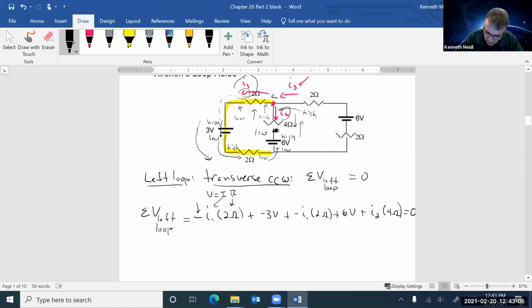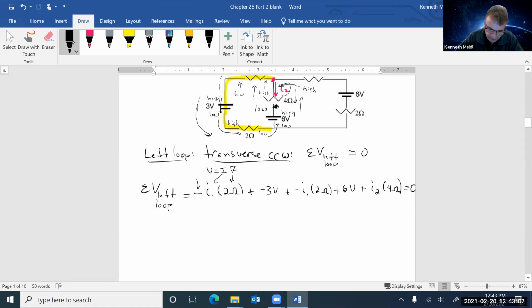Let's see what this gives us here. I'm going to combine this and that, so 6 volts minus 3 volts is 3 volts. I'll get this term and put it on the other side. And just to clean it up, I'm going to drop units. So I'm going to have 2 times I1, and this is going to go to the other side of the equal sign, 2 times I1.